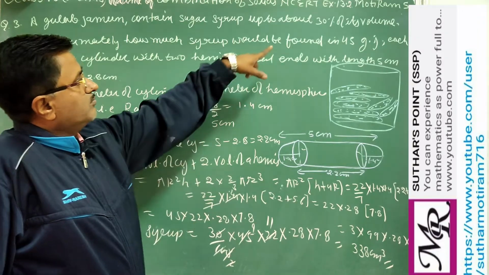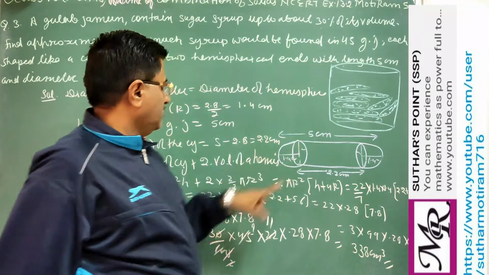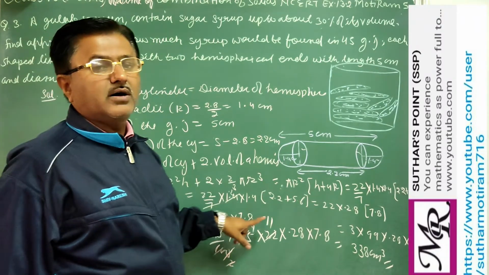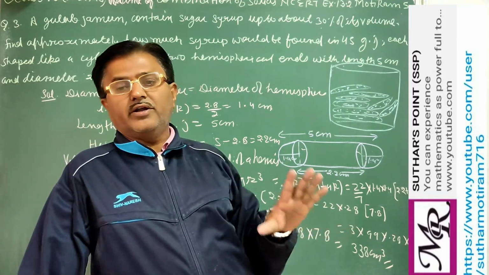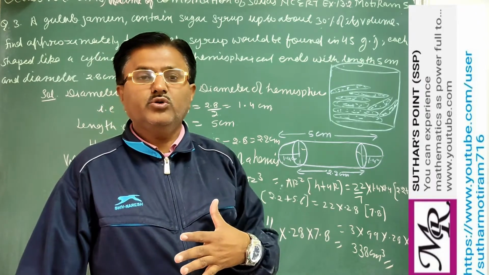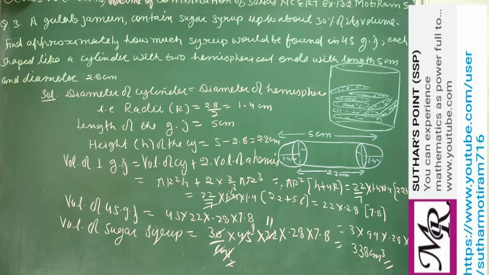Clear? But here it says sugar syrup is only 30% of this volume. That's why we have to multiply this total volume of 45 gulab jamun by 30%, so 30 upon 100. In this way we get the answer 338 cubic centimeter.